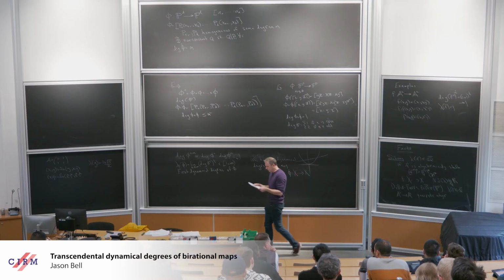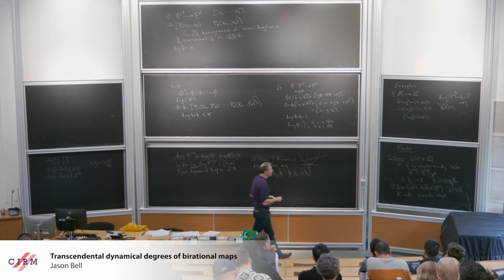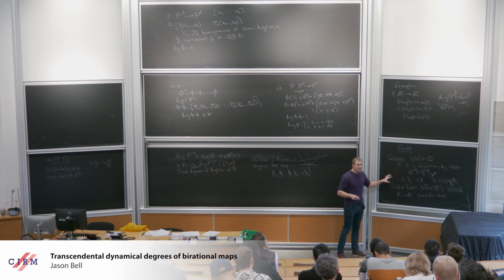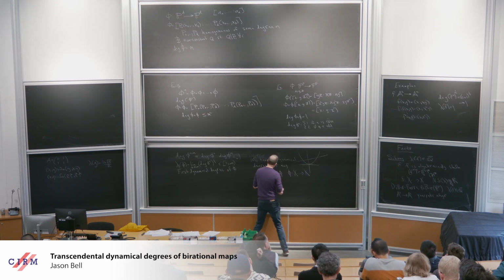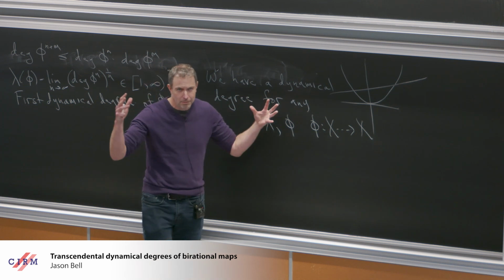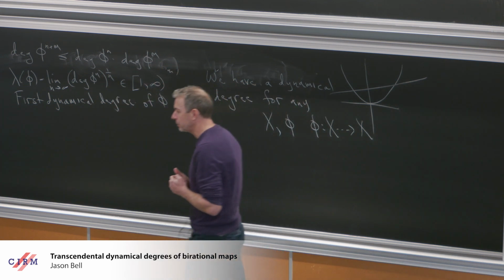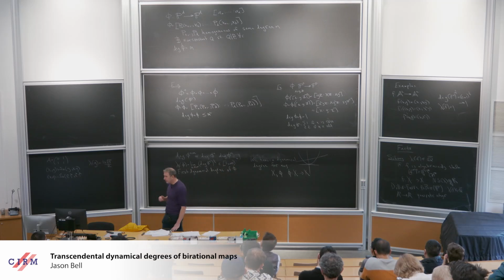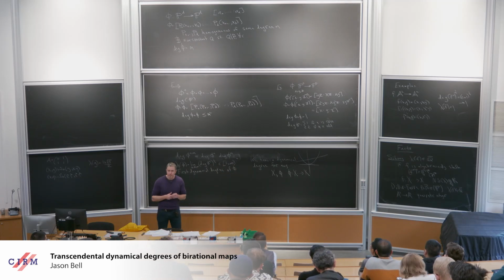And Bonifant, Fornæss, and Jonsson showed, not together, that there's only countably many distinct algebraic dynamical degrees, right? So as you range over all possible varieties and all possible maps and also all possible base fields, no matter how big, you'll still only get a countable set of things. So all of this led to the suspicion that the dynamical degree should always be an algebraic number.